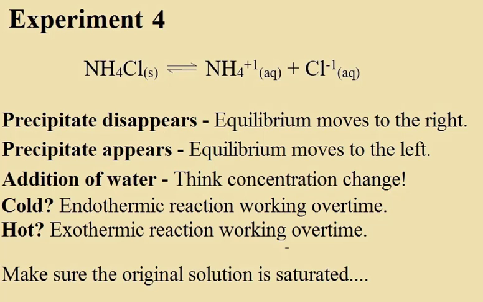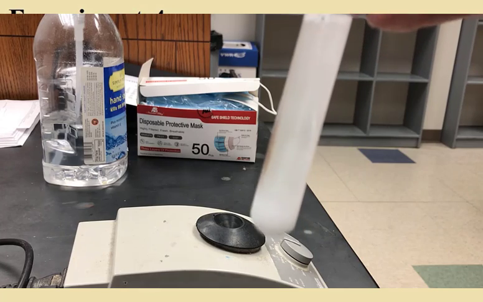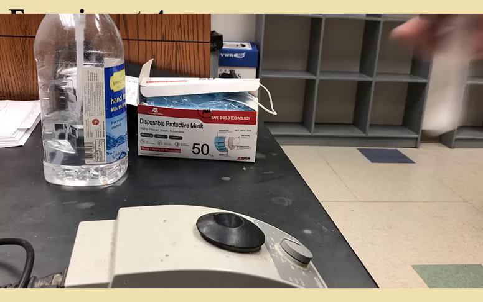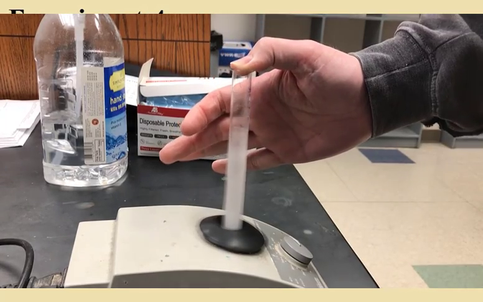And finally, remember, when you make up that solution, make sure it's absolutely saturated. Make sure it's dissolved all of the ammonium chloride that it can possibly dissolve. So you'll have to keep adding and mix on the vortexer until it stops dissolving. The vortexer works by pressing down on top, as we see here.